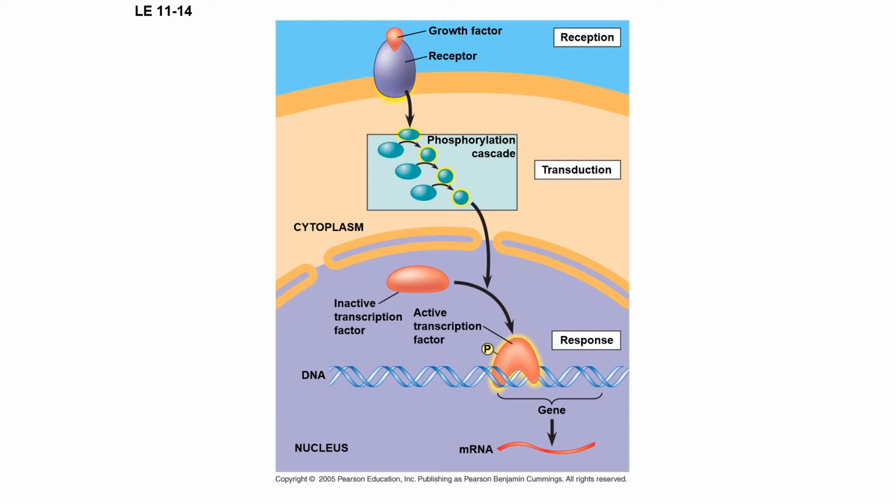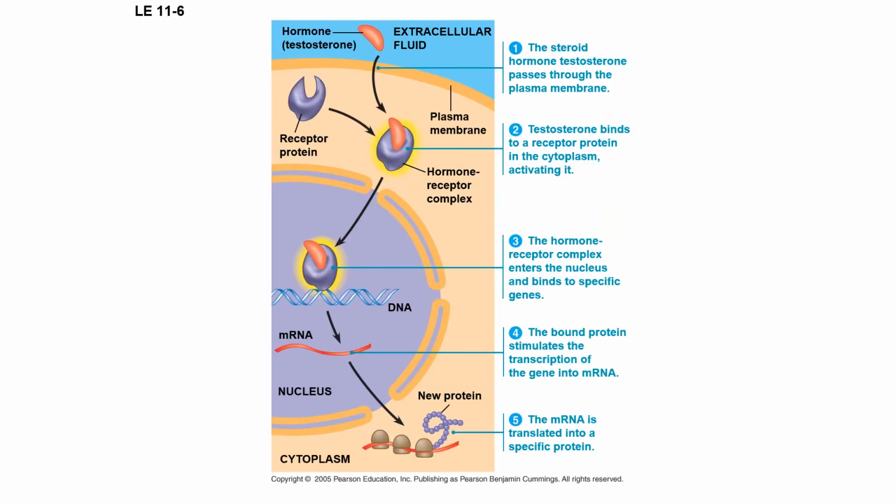So in this picture, you see the entire process, and that response activates a gene that then turns on the transcription factors, and that gene becomes active. And so we can talk about feedback mechanisms. Once that protein is produced and released, it can then bind to the receptor and stop it.